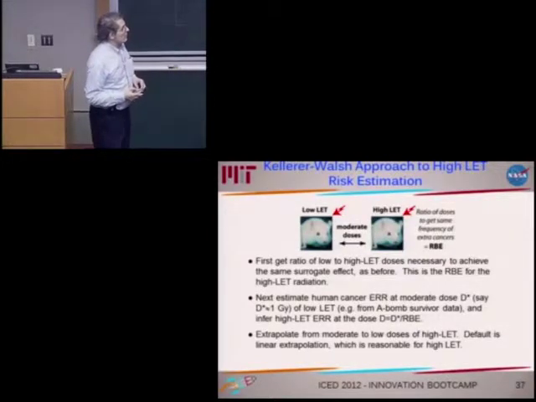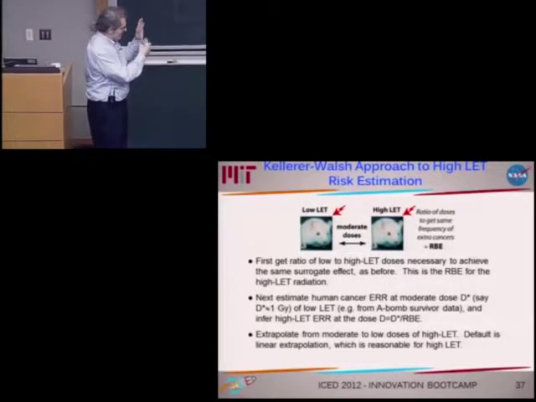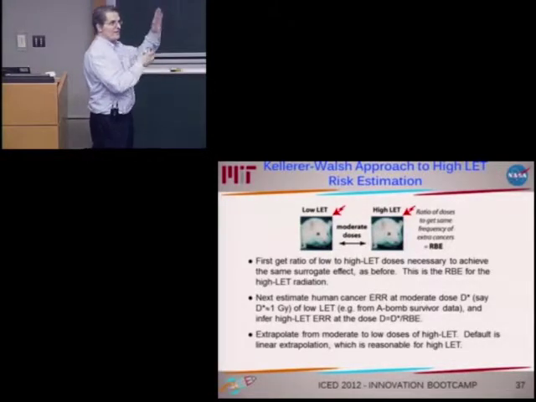Keller and Walsh suggest maybe we should take a more direct approach. One infers RBE as before, but in going to the low dose realm, instead of doing the RBE max approach and sliding down the parabolic curve to meet the densely ionizing curve, instead just go straight over and slide down the densely ionizing curve, which is straight.